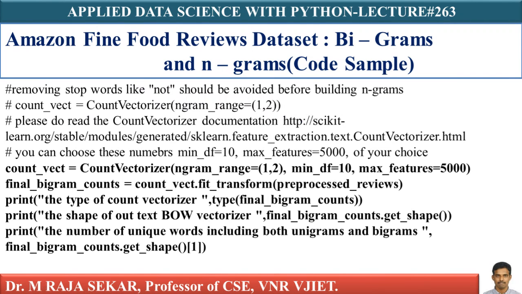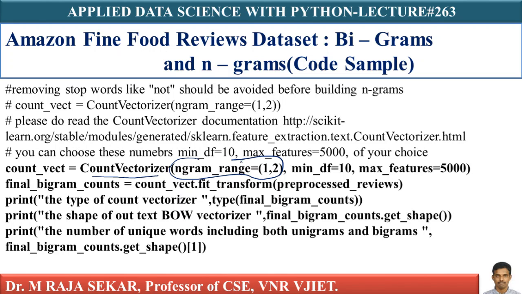This is n-gram underscore range. This code is simple and straightforward. I already discussed about count vectorizer, and we discussed the syntax of count vectorizer, isn't it? Count underscore vector is equal to CountVectorizer with n-gram range equal to 1, 2.